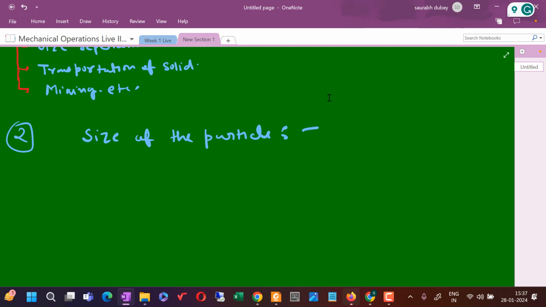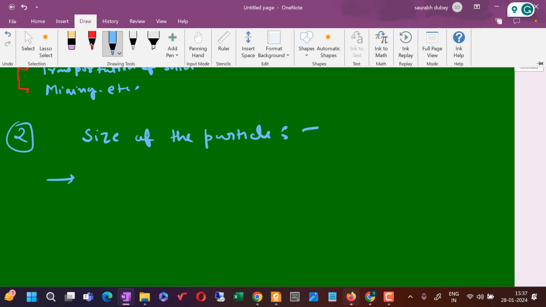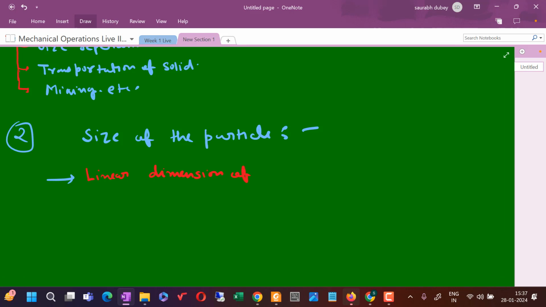So what is the size of the particle? Size is the linear dimension of the particle. First, it is the linear dimension of the particle.